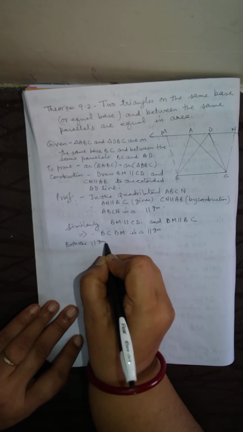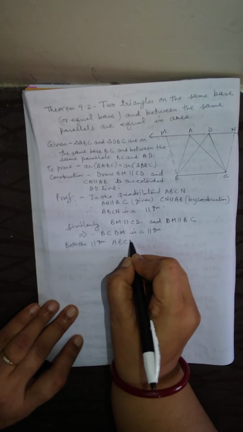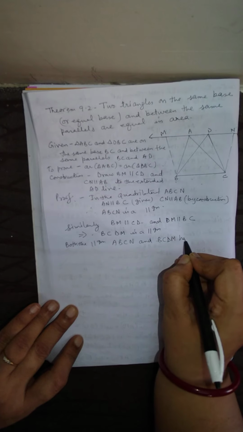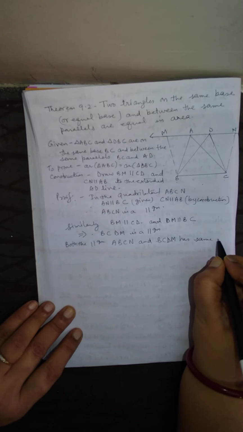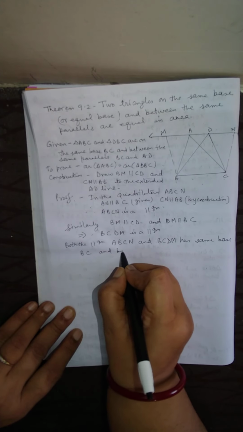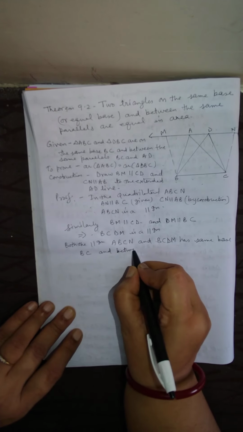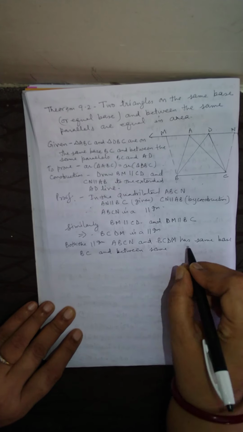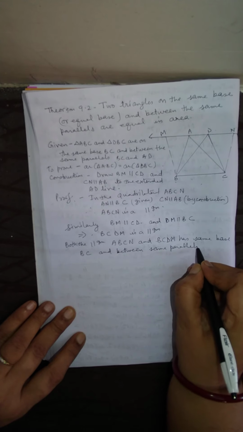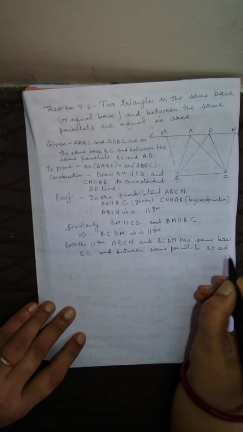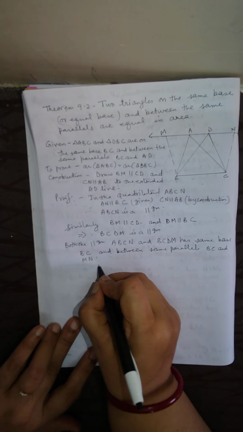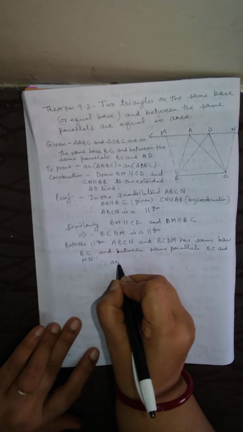Both the parallelograms ABCN and BCDM have the same base BC and between the same parallels BC and MN. Therefore, area of the two parallelograms should be equal.